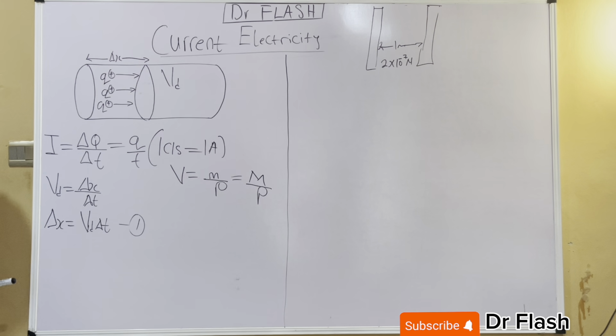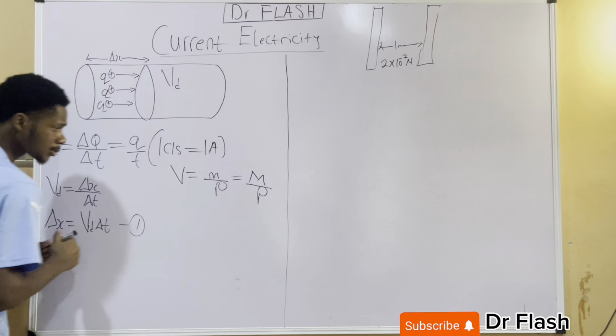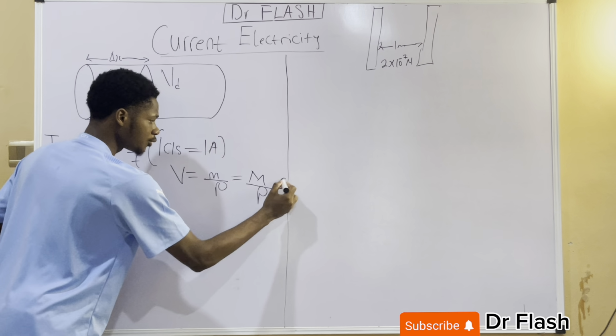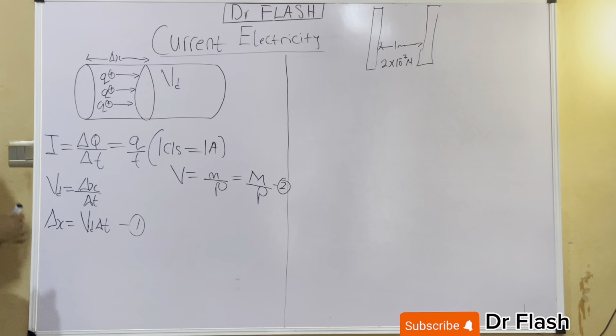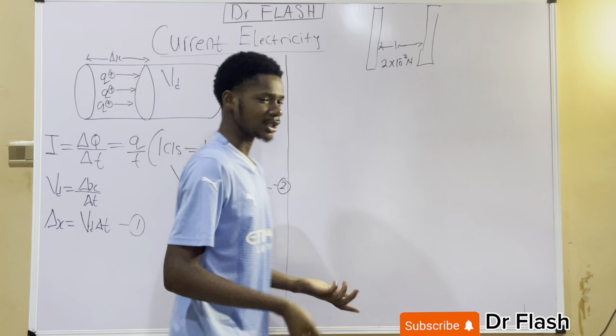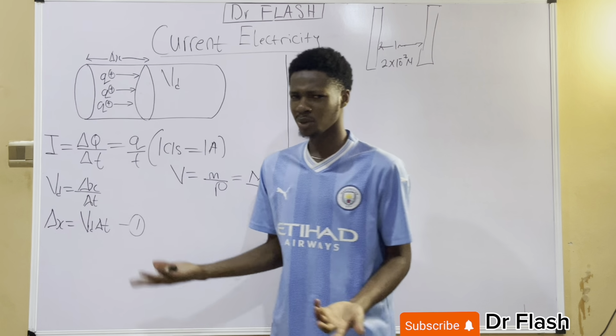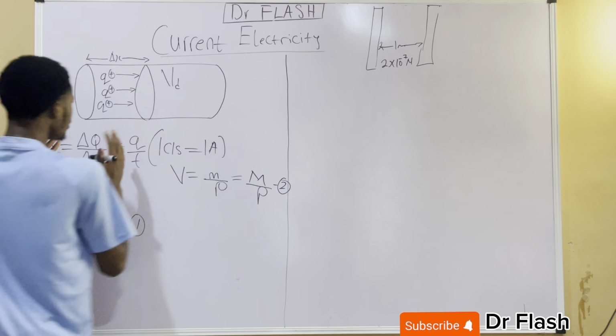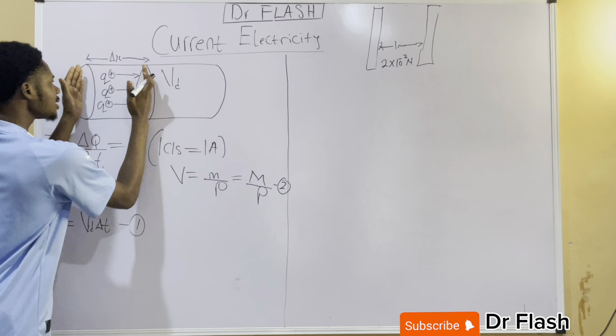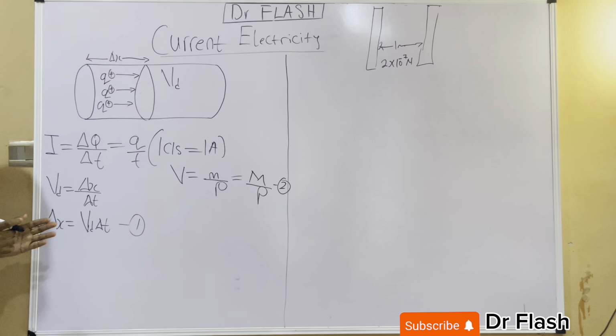Let's call this equation 2 first. What we want to consider is the number of charges per volume in this conductor. Because we cannot just say the number of charges in this conductor, we are considering a section. There's no way we're going to find that. But we can work with the number of charges per volume.